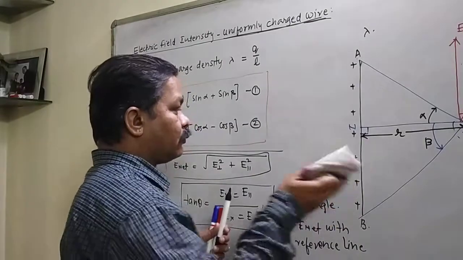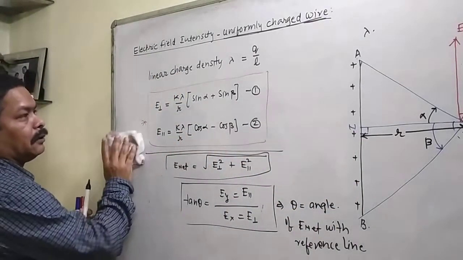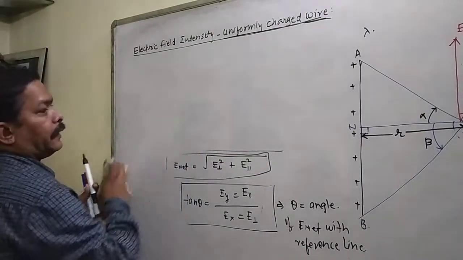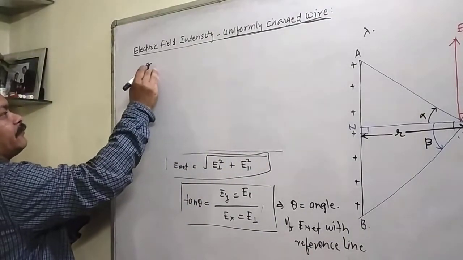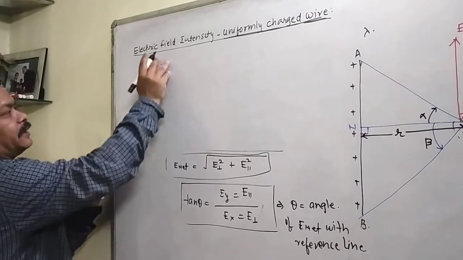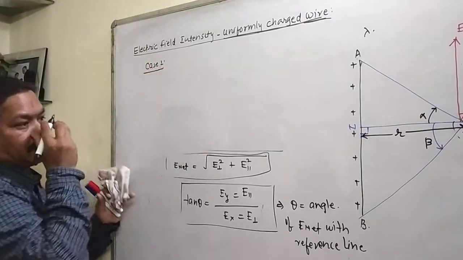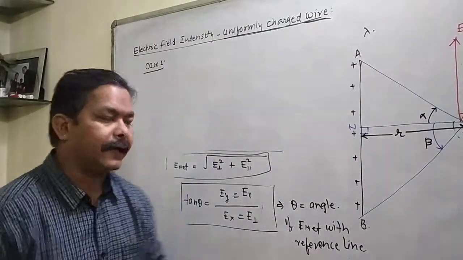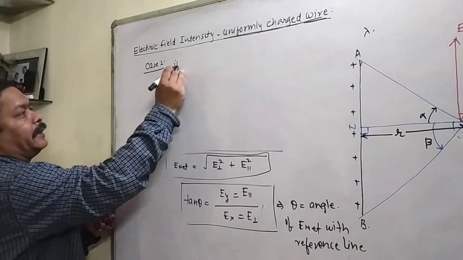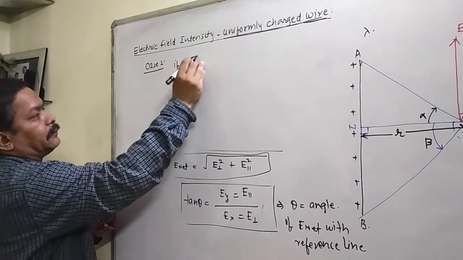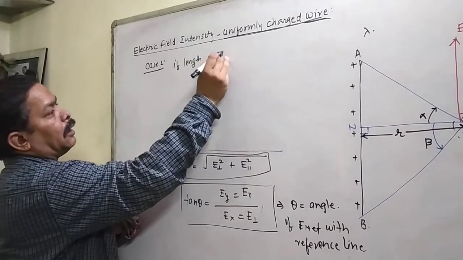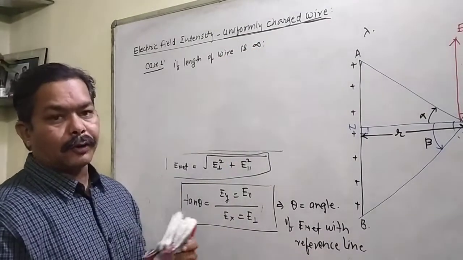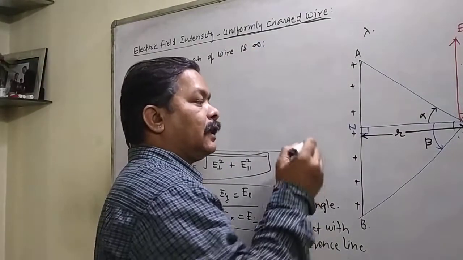Now one thing that we are going to write in cases format. Suppose case 1, we are discussing special cases. Suppose you want to use this formula for an infinite length wire. Case 1: if the length of the wire is infinite. So how will you make the length infinite?